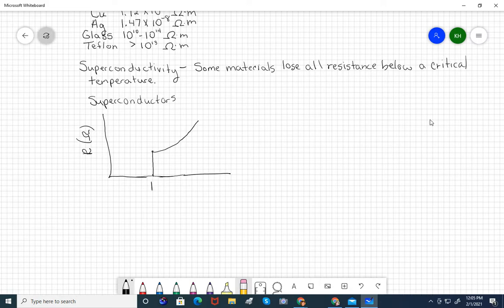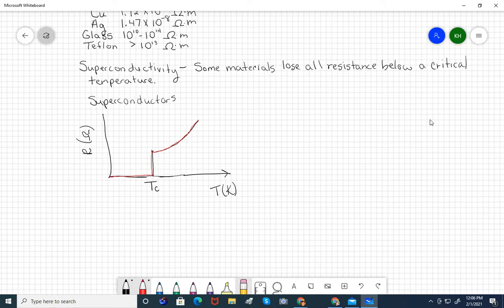This right here is the critical temperature. This is measuring temperature in kelvins. This graph, if I change it to red, looks like this. And all of a sudden, as you cool the metal down, or this material down, it's not necessarily what you think of as a metal, it drops to 0.